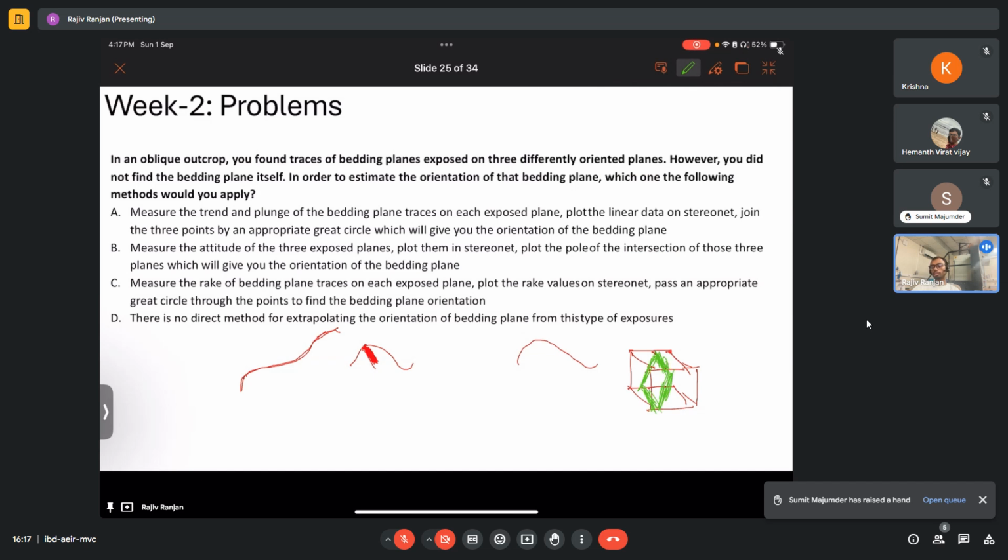But you are not able to see the entire bed. What are you able to see? Only this part. Only this amount of part.